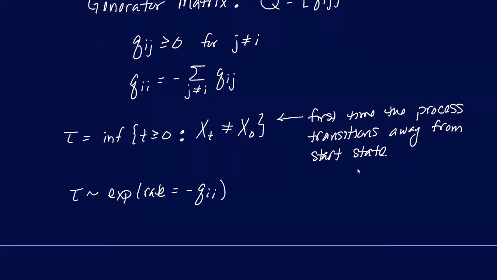And we're given that the probability that at this time, tau, we move to some state j, given that we started at some state i, is negative Qij over Qii. What is this saying?